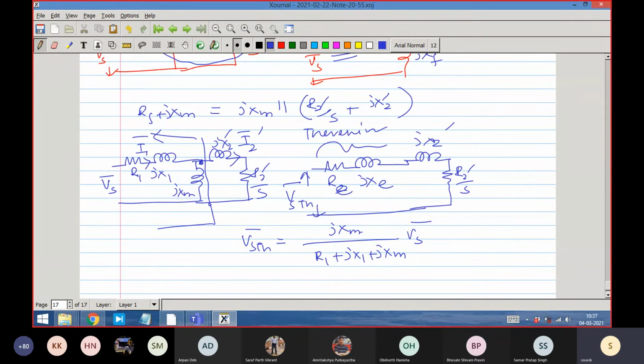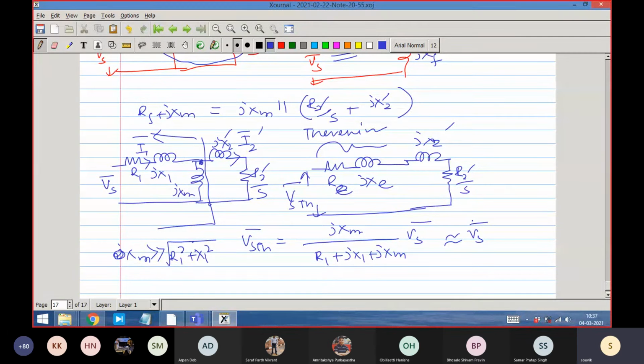Obviously, because this series resistance is very small and JXM is much higher. Magnitude of XM is very much higher than square root of R1 square plus X1 square. So it almost becomes nearly equal to VS. And the other one is the Thevenin impedance.